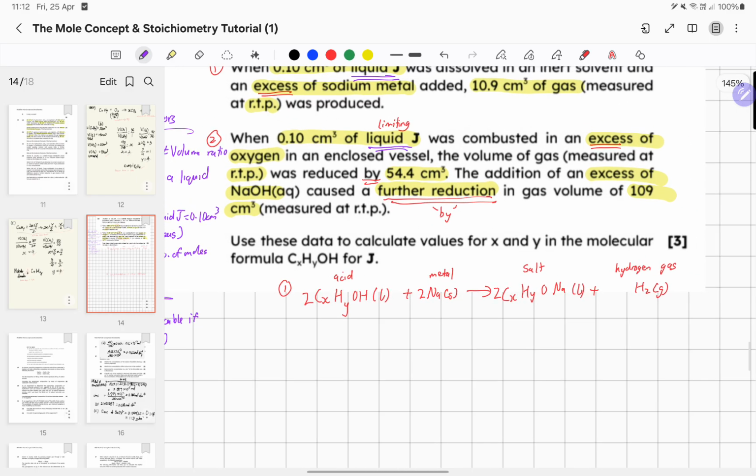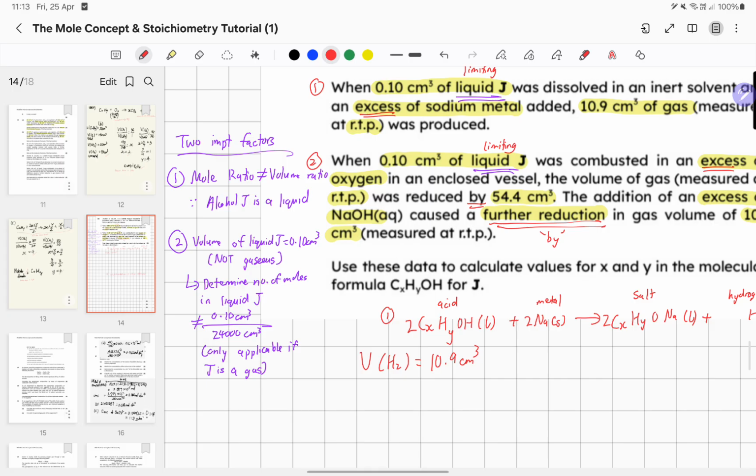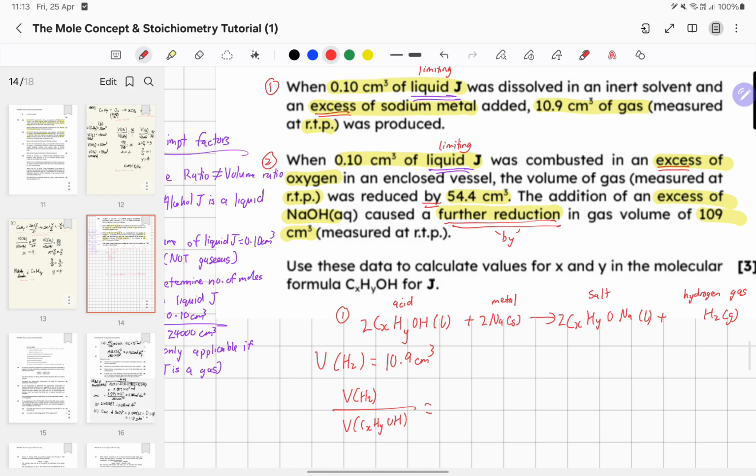So after taking these two things in mind, we work out the first equation. You see that the volume of hydrogen gas is given to be 10.9 cm cubed. Because the mole ratio is not equal to the volume ratio, I cannot do this. So this means I need to express this in n.